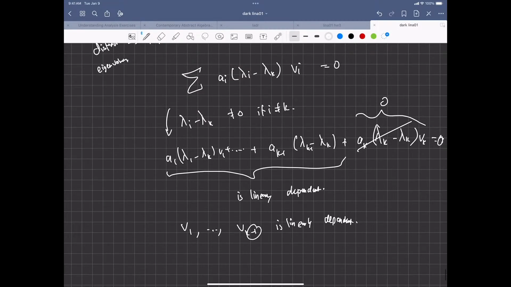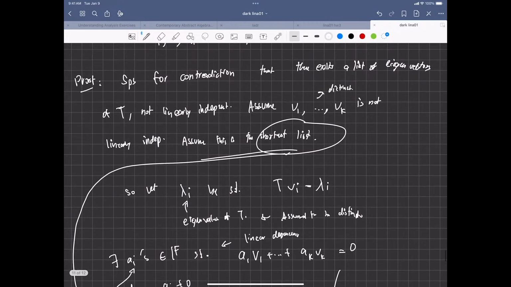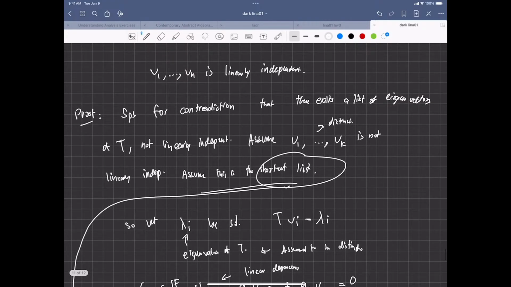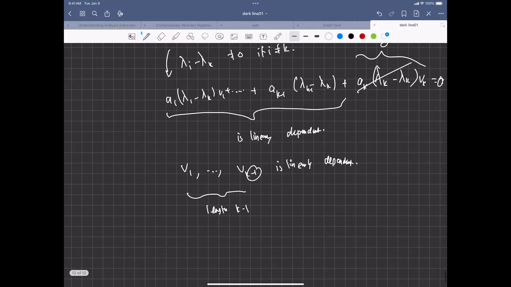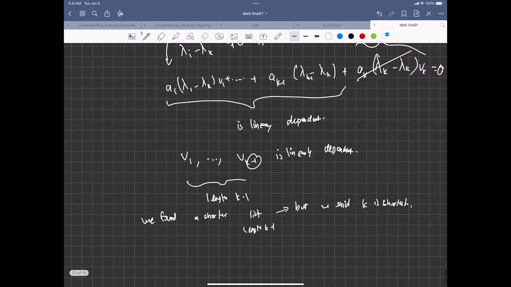This is length k minus 1, but we said that our list is the shortest, so the list is length k. So the contradiction here is that we found a shorter list, of length k minus 1. But we said k is the shortest. And that actually completes the whole proof.